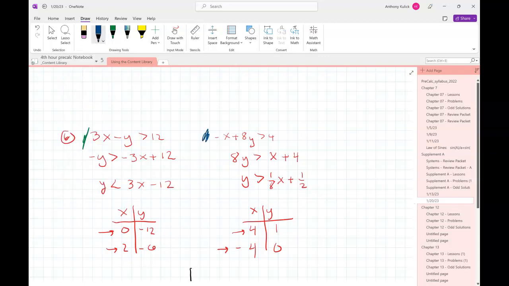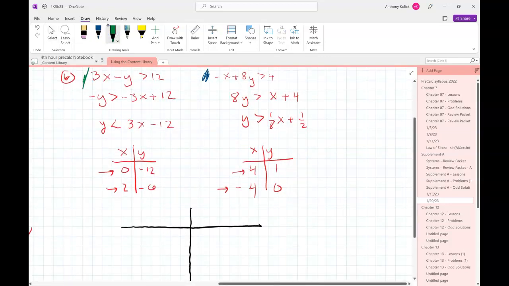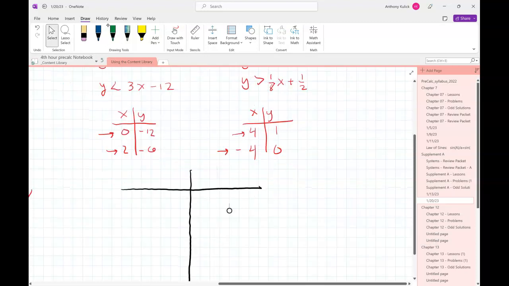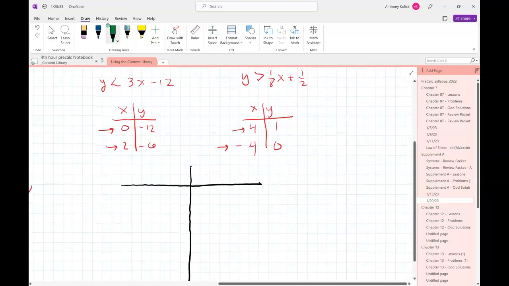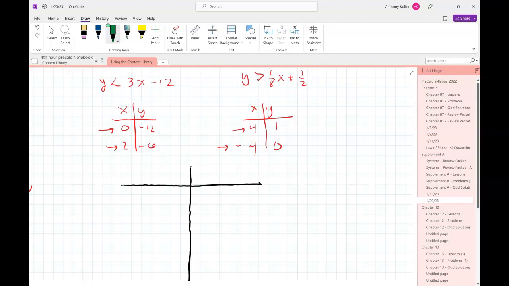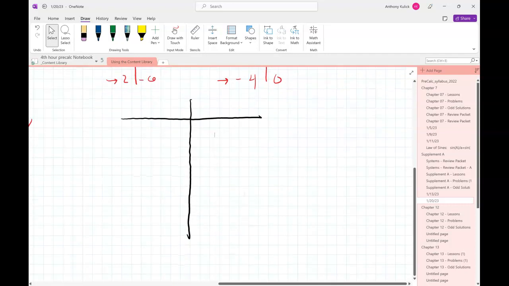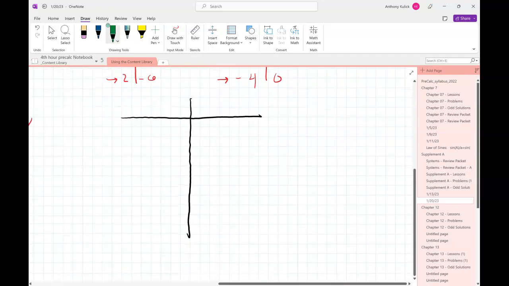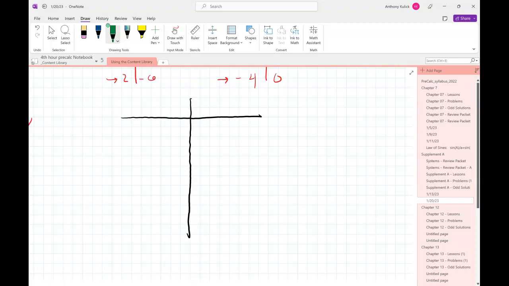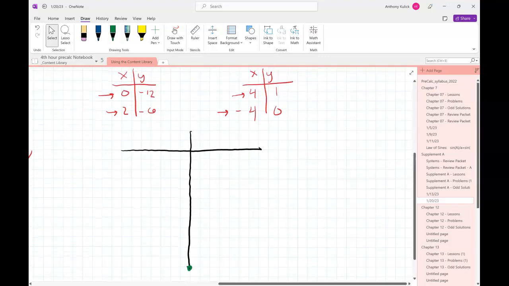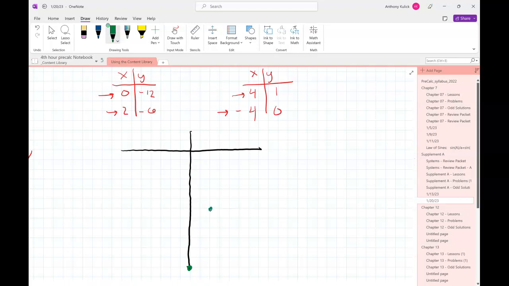All right, so 0, -12: 1, 2, 3, 4, 5, 6, 7, 8, 9, 10, 11, 12. And then 2, -6: 1, 2, 3, 4, 5, 6.